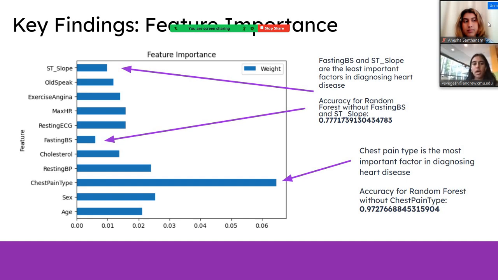Looking at this graph, we can see that chest pain type had the highest feature importance, while fasting BS and ST slope had the lowest. Given these feature importances, a little more analysis we did was removing them from our data set to see how it would change our random forest classification accuracy.